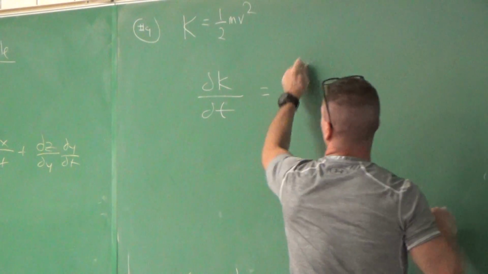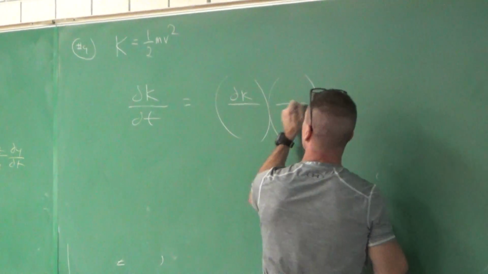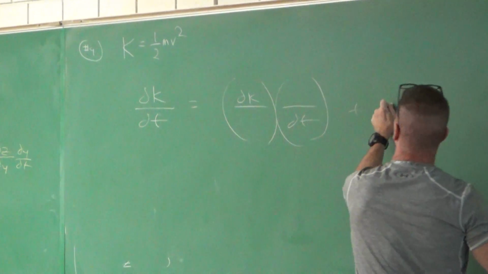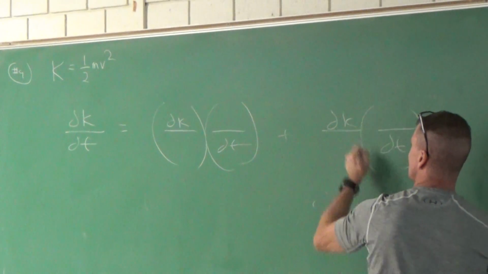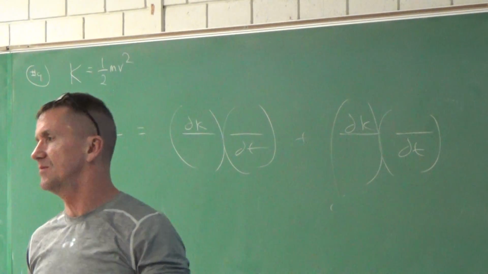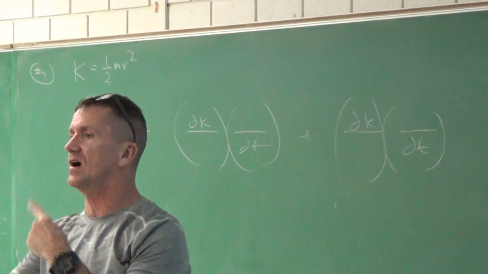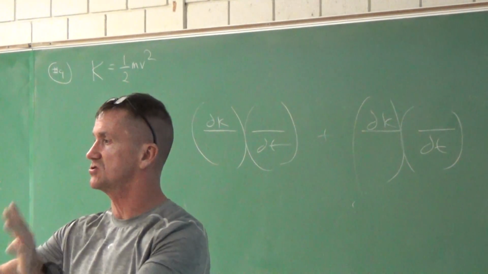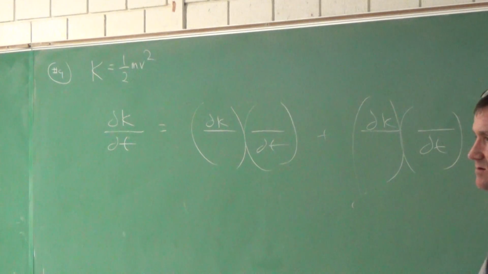But I need one for the what? dK/dt equals dK/dm times dm/dt plus dK/dv times dv/dt. And if you ask, how do I know when to use chain rule in Calc 3? When you're trying to find the rate of change with respect to time in these application problems, which we're trying to do.